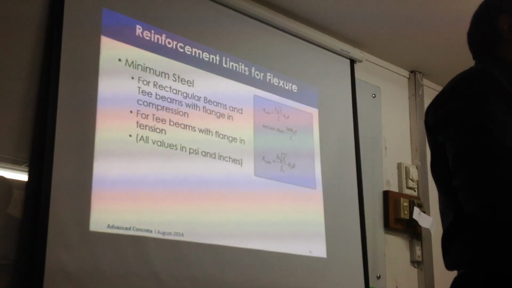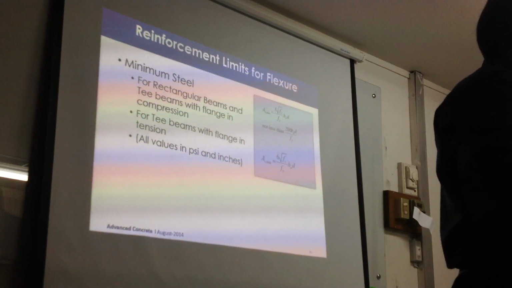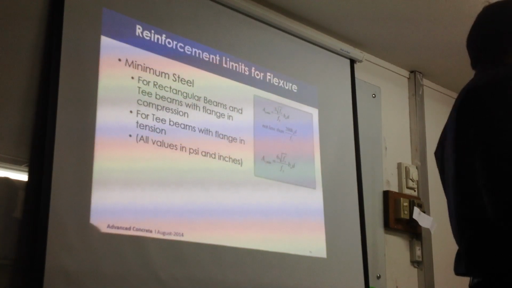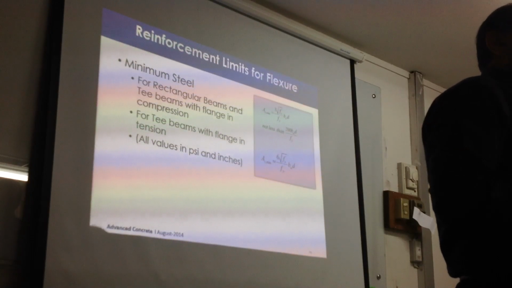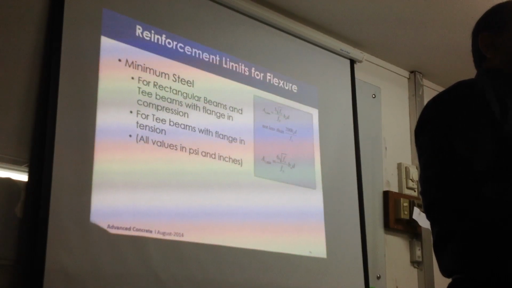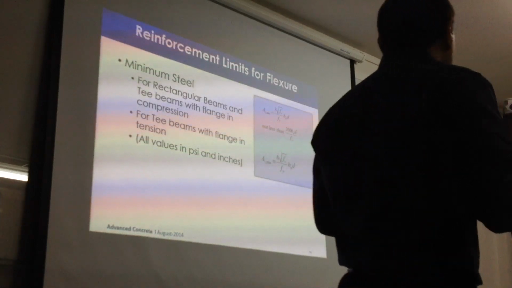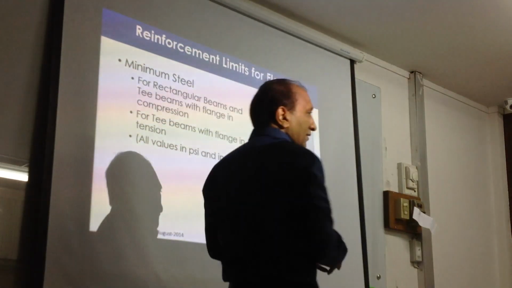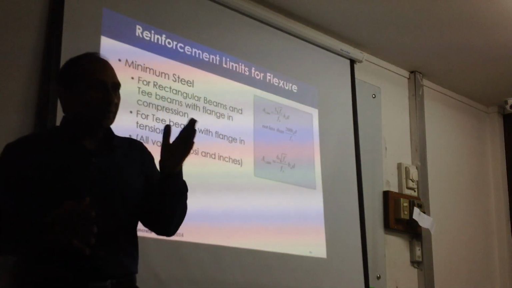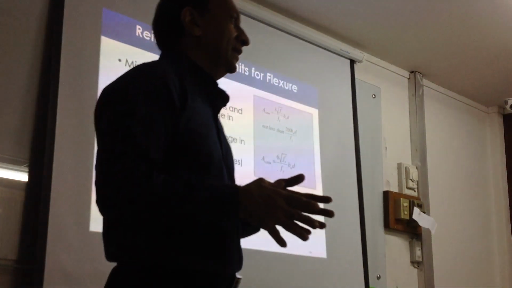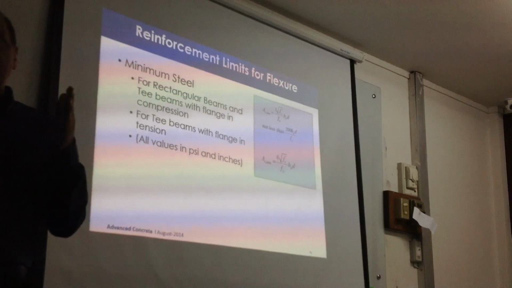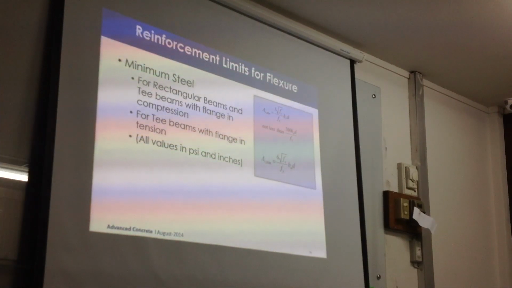A lot of beams get cracked and you cannot understand why. The moment is very small and everything seems okay, but the beam is cracking. The reasons are that some people did not follow the minimum limits properly, and sometimes the calculation of the thermal stresses is not done correctly. So the minimum reinforcement of the code actually doesn't work. In most real buildings, the minimum reinforcement for thermal cracking does not work. It needs to be more than that.